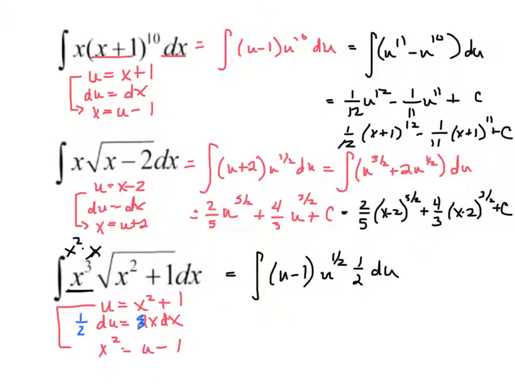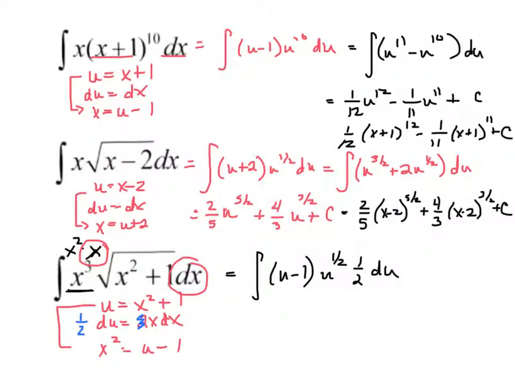Let me say that one more time, because this is very similar to the last one, so I'm not going to finish it, but it's worth talking about again. When I make u equal to x squared plus 1, du is 2x dx. Well, this is x cubed, which I could rewrite as x squared and x. So I've got the x dx right there.